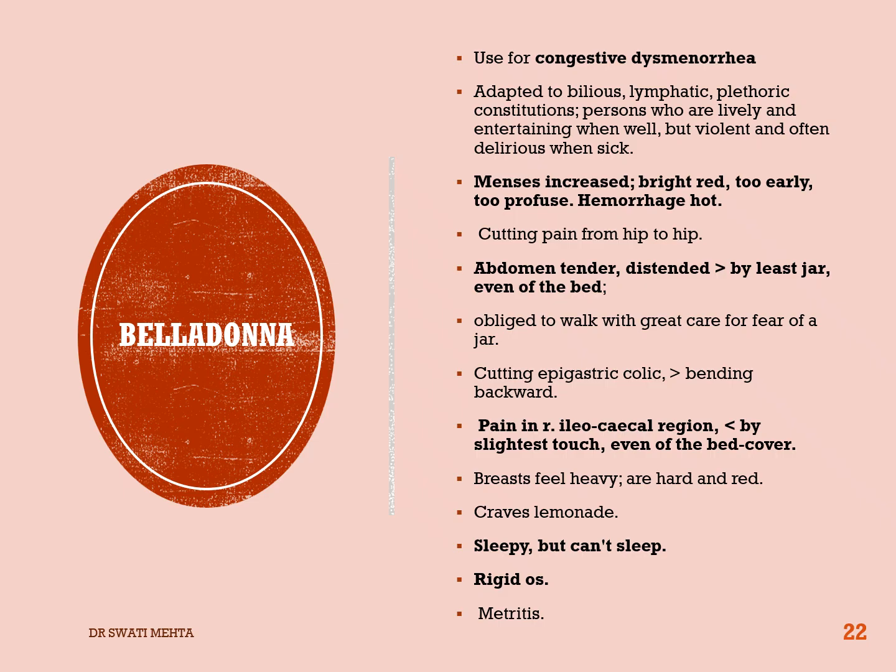Menstrual flow is bright red, hot, profuse and early. The abdomen is extremely sensitive to touch and jarring. That means the abdomen is tender, distended and aggravated by the least jar, even of the bed. The patient is obliged to walk with great care for fear of the jar. So whenever the patient has the slightest jar or noise, the patient is aggravated.